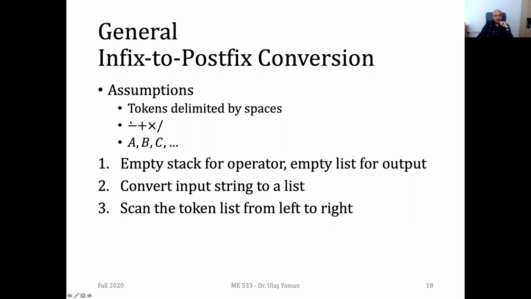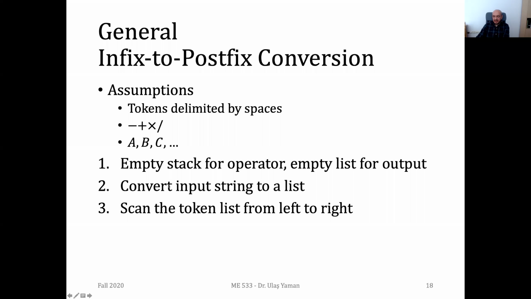These are our operators, and we will be using letters as the operands. Now, in the implementation, we need to have an empty stack for the accumulation of our operators and an empty list for the output of this conversion. Once you are done, this output list will be the final value you are looking for.